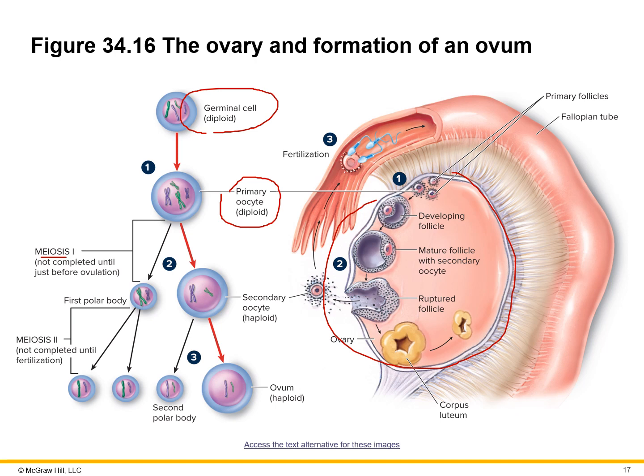All of those primary oocytes are there at birth, hanging out in this stage. But if they are stimulated by follicle stimulating hormone and luteinizing hormone, then they are triggered to develop and finish meiosis.